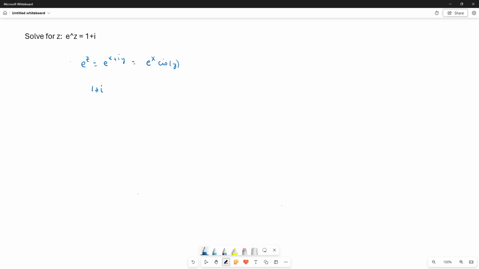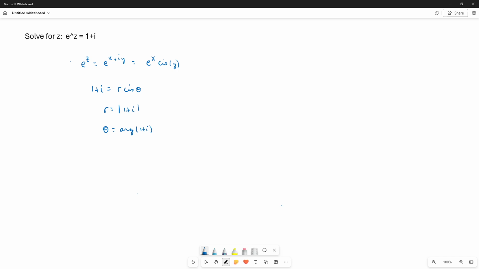So we would like to write 1 plus i as r cis theta, where r is the modulus of the complex number and theta is the argument of the complex number.